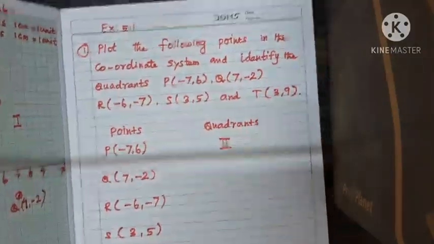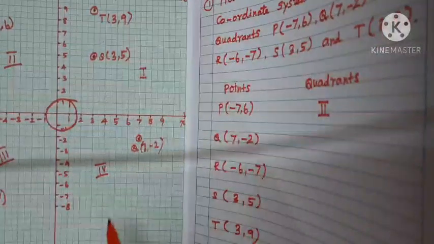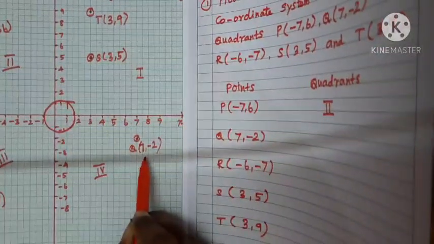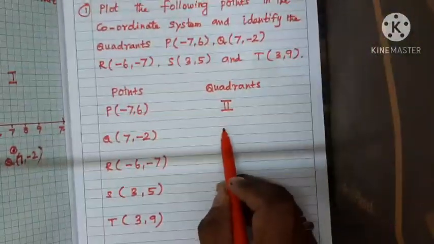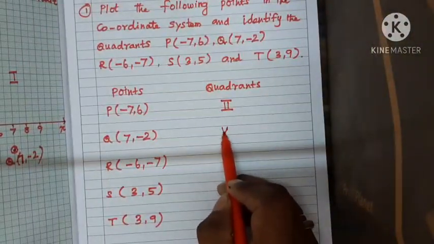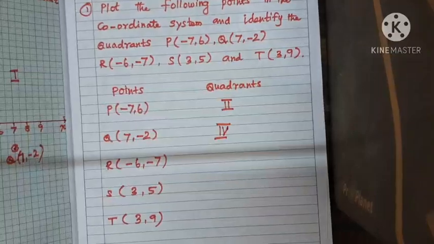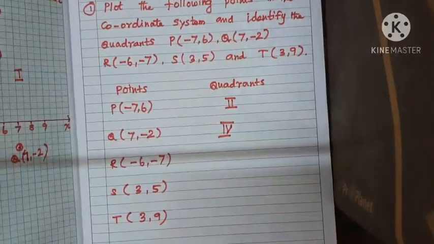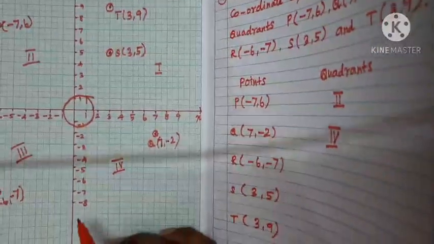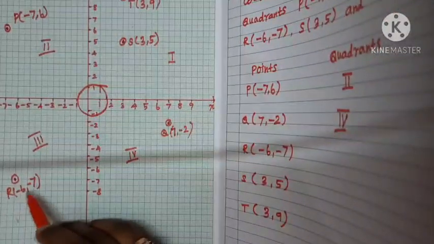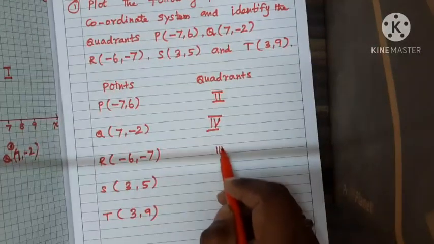Where is Q on this graph? 7, -2 is plotted in the fourth quadrant. So you have to write the quadrant is fourth quadrant. And the next point is R, that is -6, -7. R point is plotted in the third quadrant. You have to write the quadrant name is third.